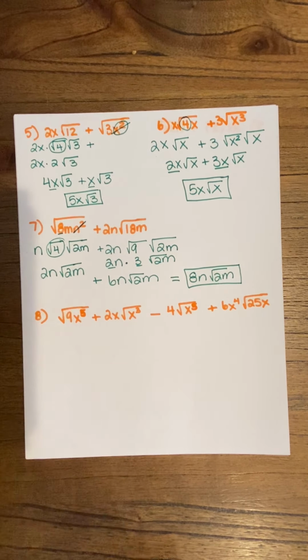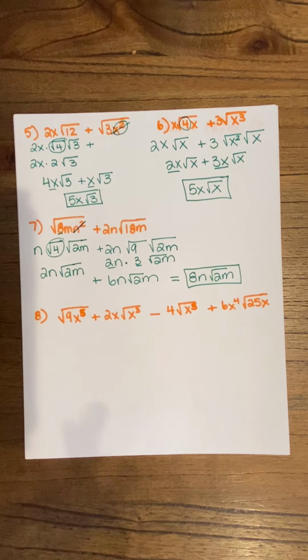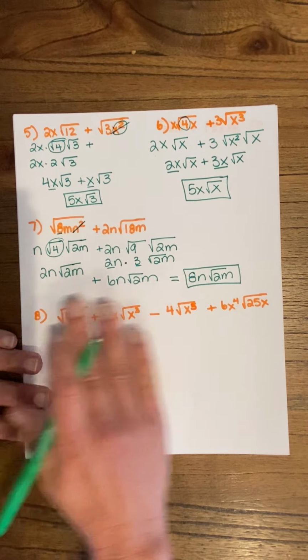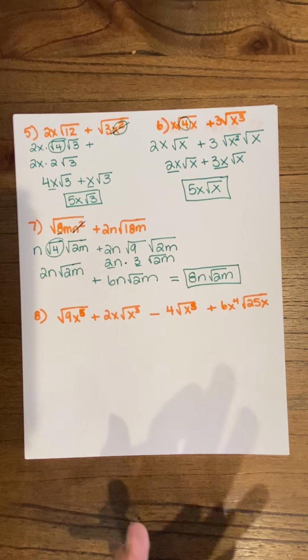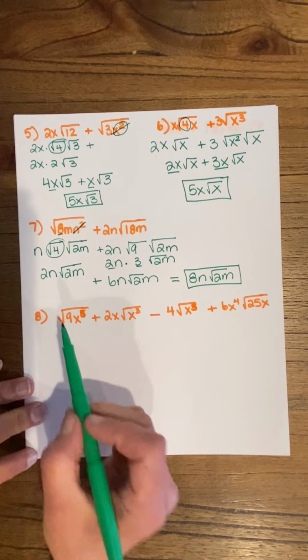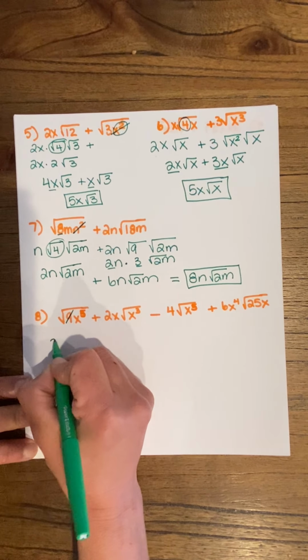All right, so this final one I'm going to do with you, because like I said, we're more concerned about the ones with numbers than the ones with letters, even though we'll give you some letter ones to try. I'm not going to worry about the fact that there are 4 radicals here. I'm just going to worry about each radical at a time. If I look at the number, 9 is a perfect square. The square root of 9 is 3.